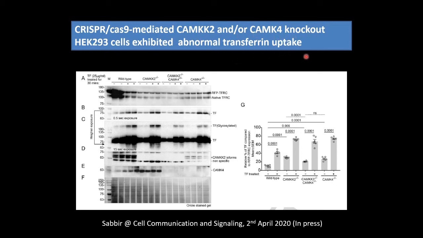Treatment of wild-type, CAMKK2 knockout, CAMK4 knockout, and double knockout HEK293 cells with 25 microgram per ml transferrin exhibited a dramatic increase in transferrin uptake under CAMKK2 and CAMK4 loss of function condition. These results reinforced the previous findings that CAMKK2 and CAMK4 signaling regulates transferrin uptake.